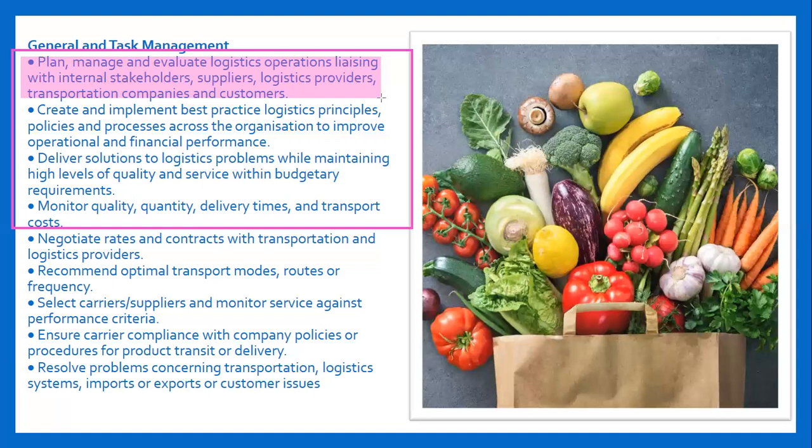Now logistic provider and transport company. After contact with the supplier, the goods need to move from the supplier to our factory warehouse location. In such a case, we need to contact the logistic provider, who will provide transport through a transport company. And finally, we dispatch the goods from our country to the customer.